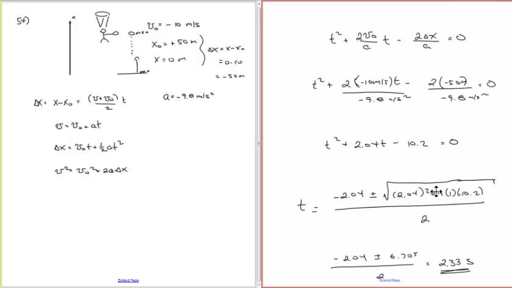And so the square root of this whole thing is 6.705. Probably shouldn't have carried that many significant figures. 6.70. And you take the positive, because if you do negative, you get negative plus a negative, which is negative. It's plus, not multiplied. So negative minus something is a negative. So you take the positive part. So plus 6.7 minus 2.04 divided by 2 gives you 2.33 seconds, which is the answer.